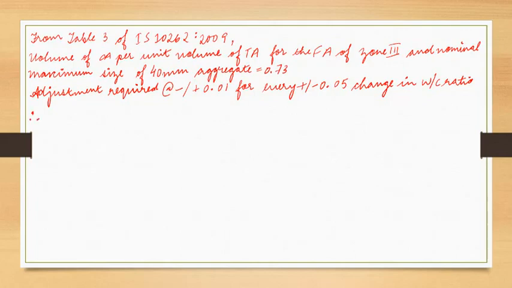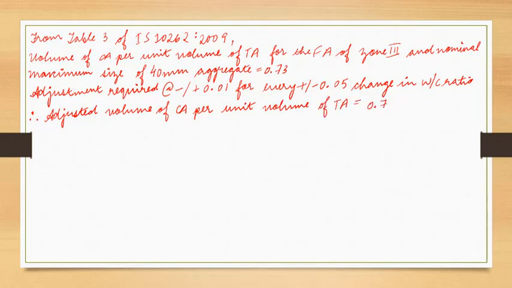Therefore, adjusted volume of coarse aggregate per unit volume of total aggregate is equal to, originally 0.73, we add 0.02 and we get 0.75.